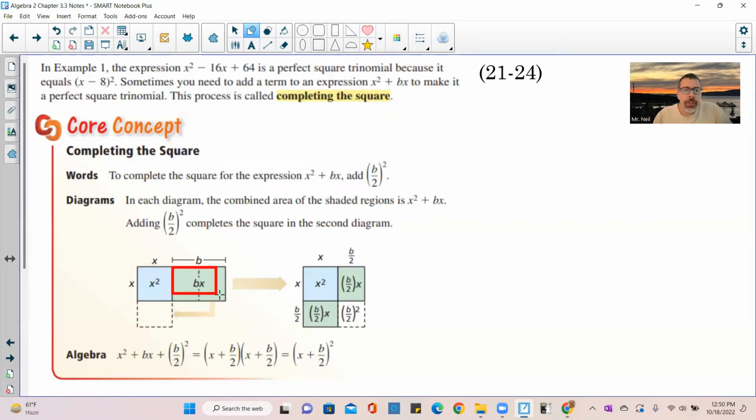So if I focus on this piece right here, this is a square that is x by x. So the area is base times height, which is x squared. This is a rectangle of height x because it's the same height as the blue one, and it's got a length of b. So what we're going to do is cut that in half and put the other half down here.